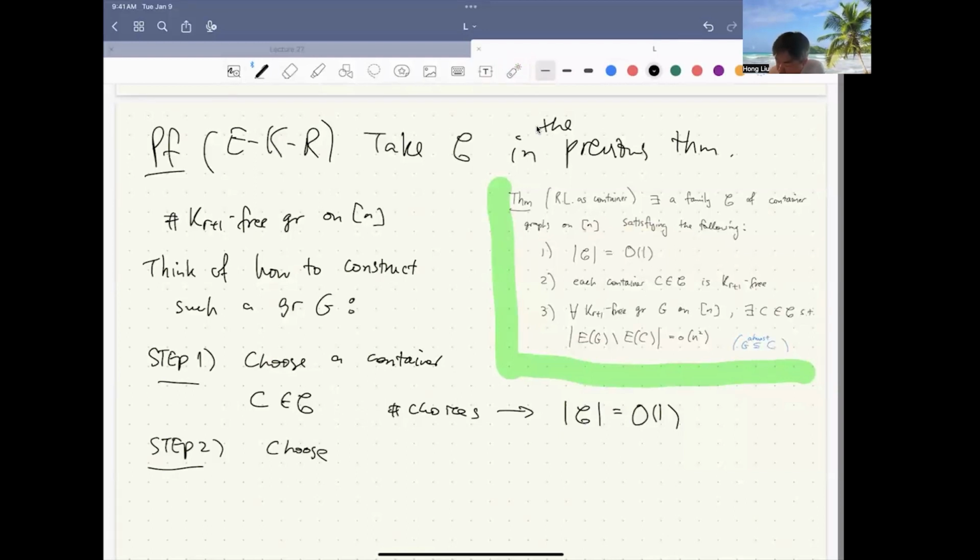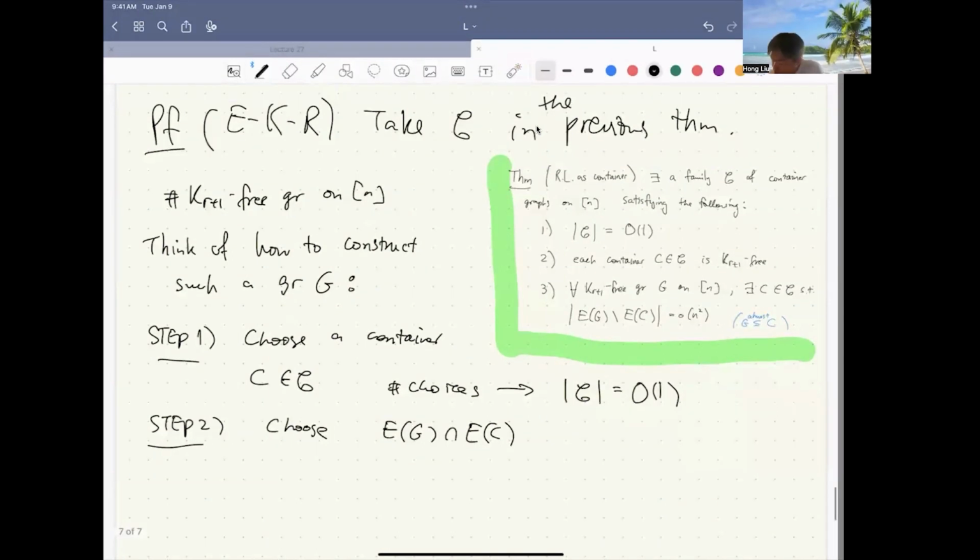Choose E(G) intersect E(C), basically. Choose how many edges in C we want to include in G. And the number of choices for this step is at most 2 to the number of edges in C.